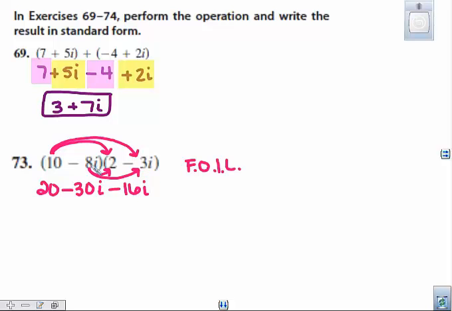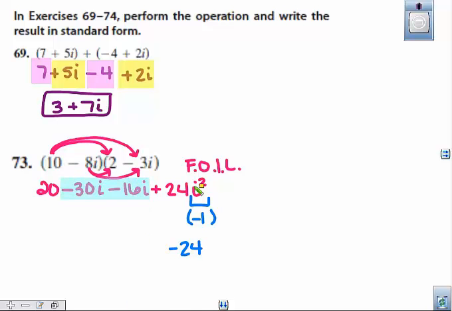And last, negative 8i times negative 3i is positive 24i squared. The i times the i is i squared. We know that i squared is negative 1. Okay, so 24 times negative 1 is actually going to make it minus 24. Okay, here in the center we have our imaginary parts.